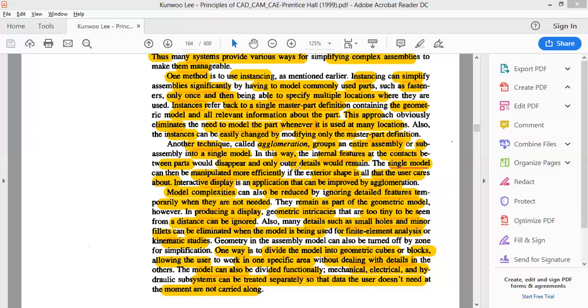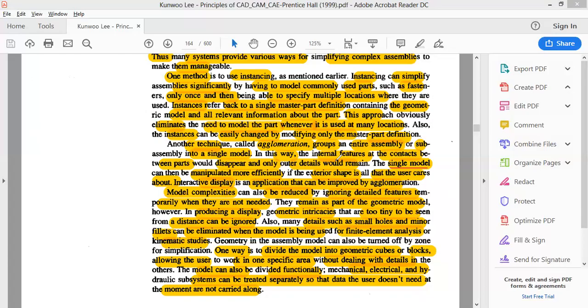So all such features can be modeled as one single part, say for example as a rectangular or a square cube. Okay, and that can be placed into the suitable position onto the chassis, fixed, so that all that load is going to appear onto the chassis.